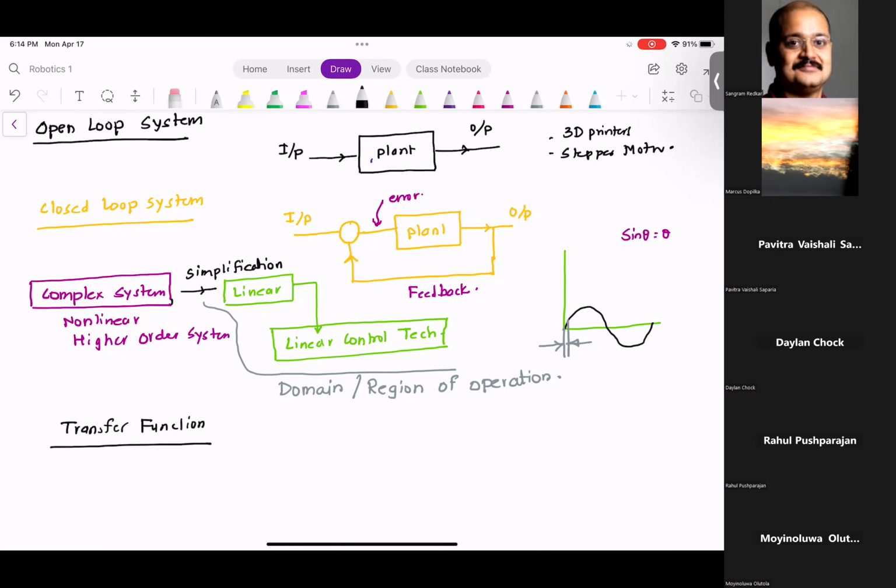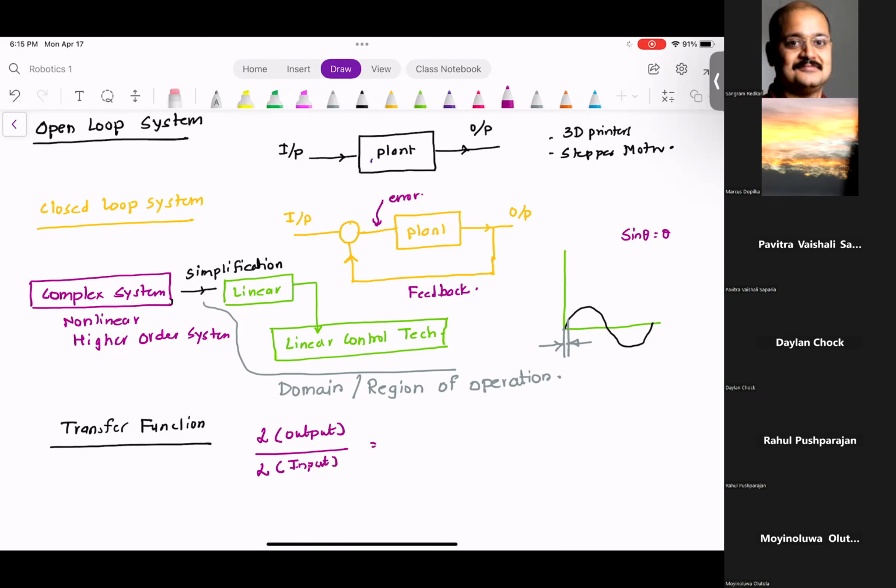So transfer function by definition is given as the Laplace transform of output divided by Laplace transform of input.